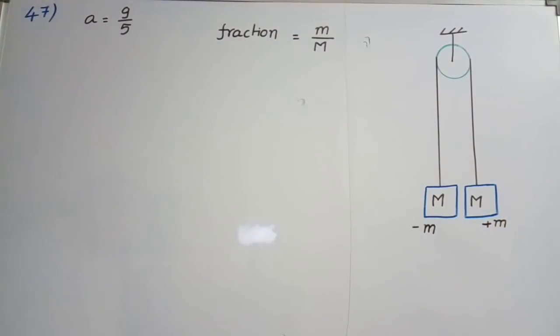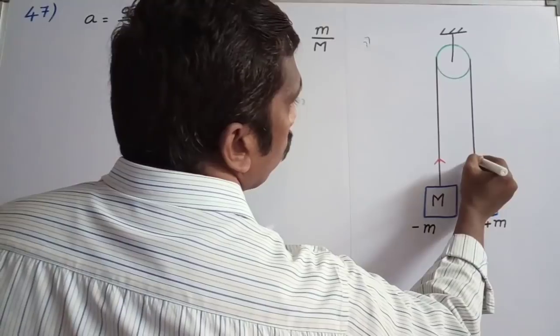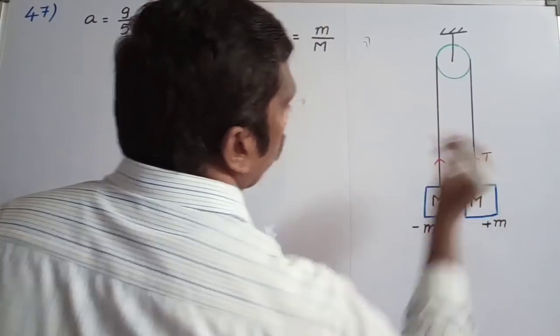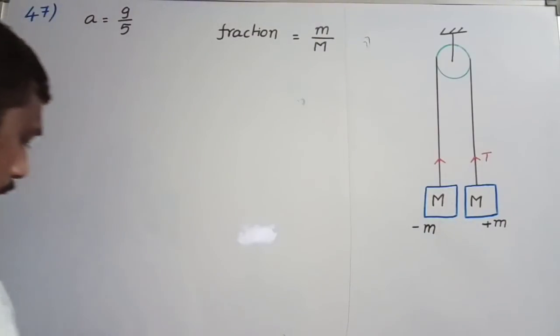Then write the equations and free body diagram. In this case, tension is acting upward direction. Here also tension is acting upward direction. This block mass is more, it is moving downward direction.